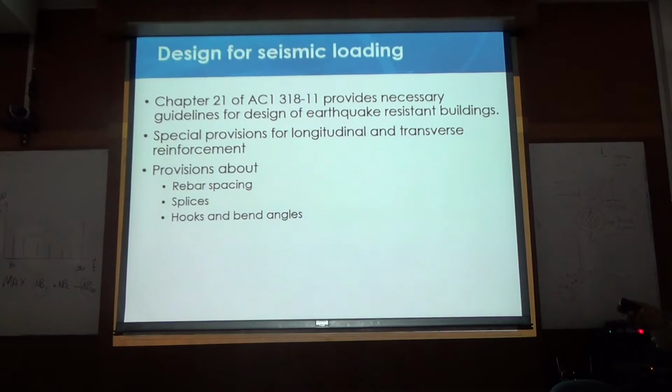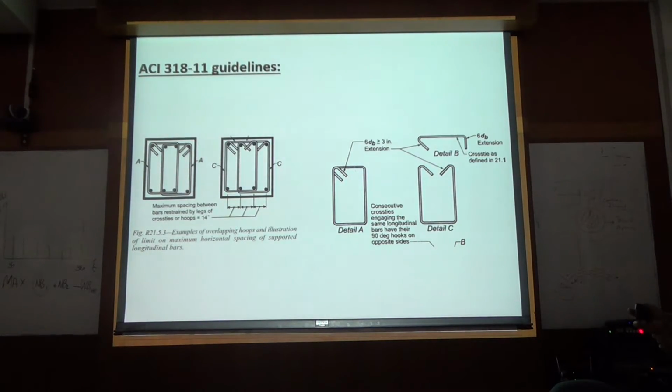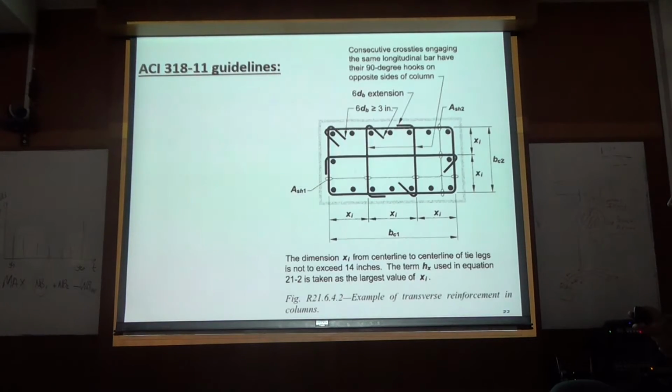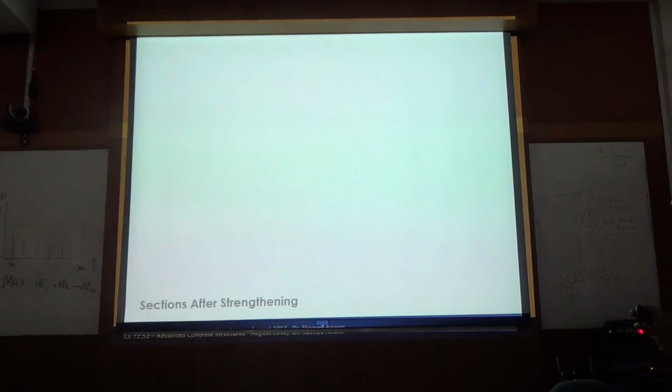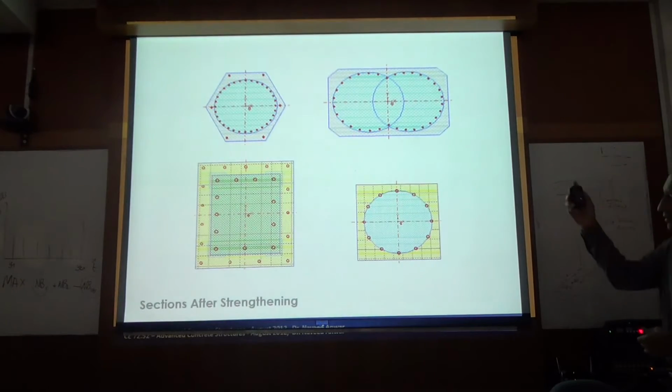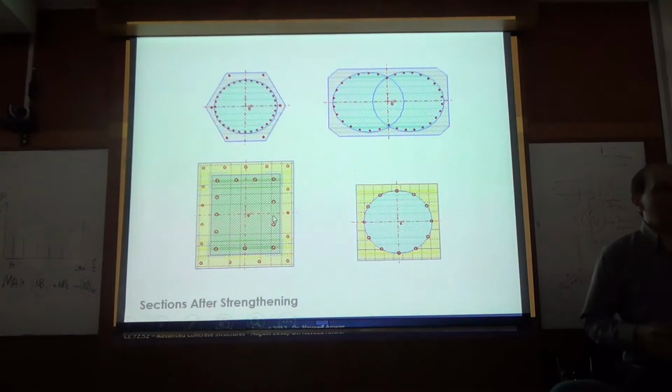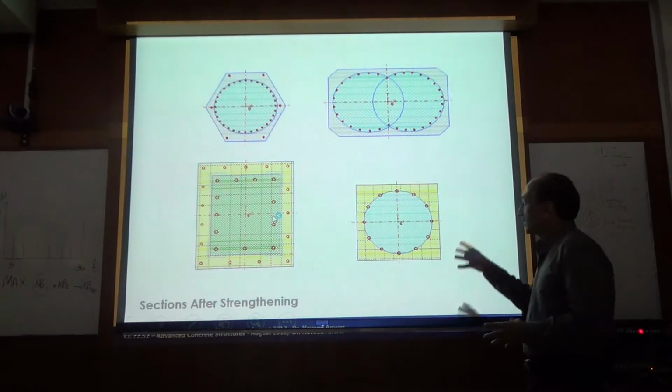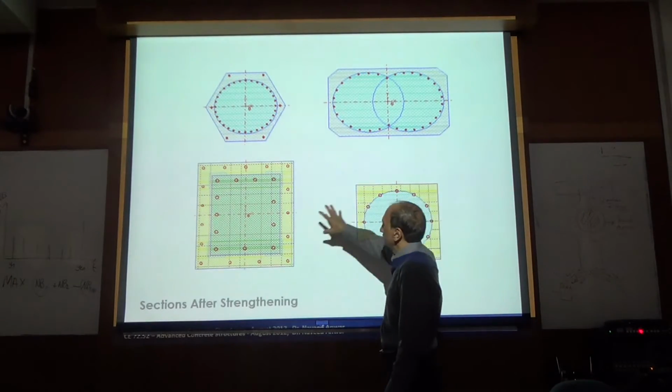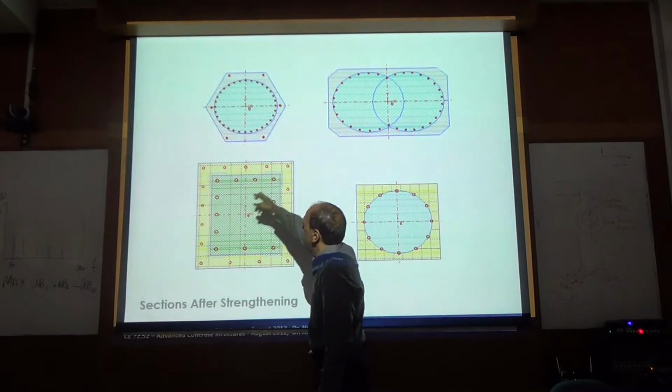So this is all about that. You can read. These are the guidelines for providing confinement and shear in beams. These are the guidelines for providing confinement in columns. Sometimes we also need to do strengthening: old section, new section around that.